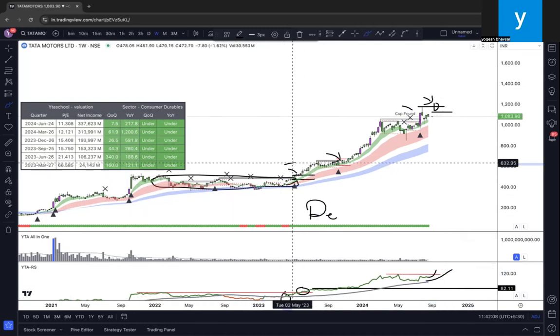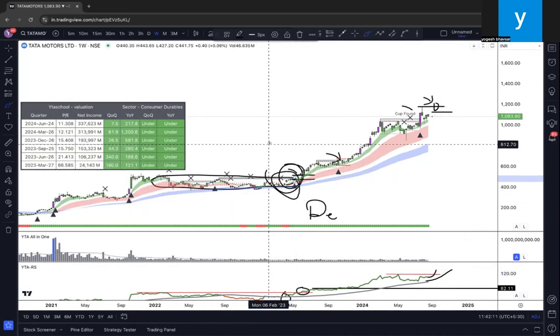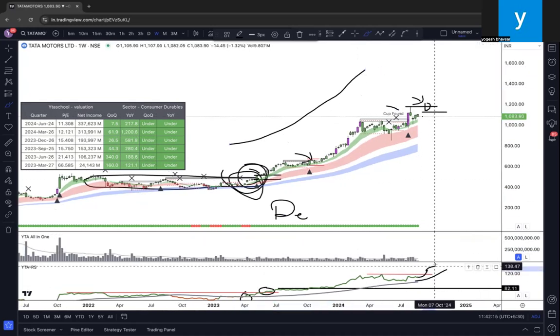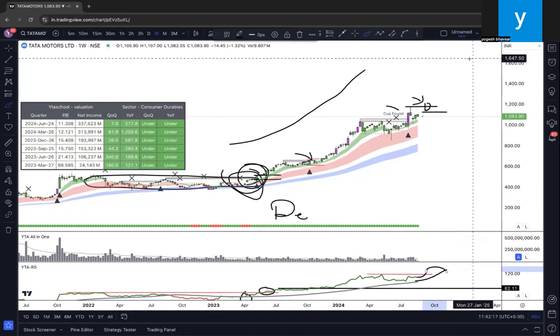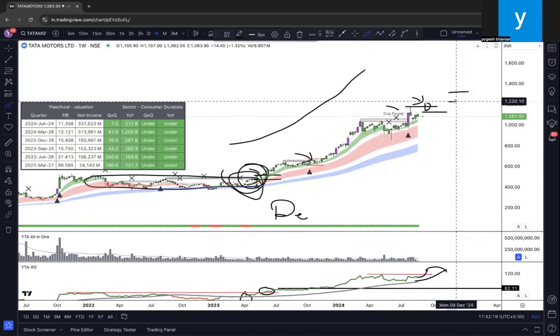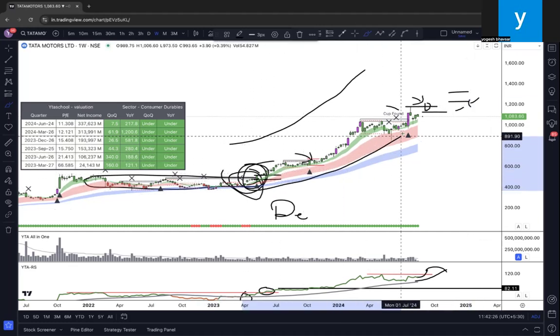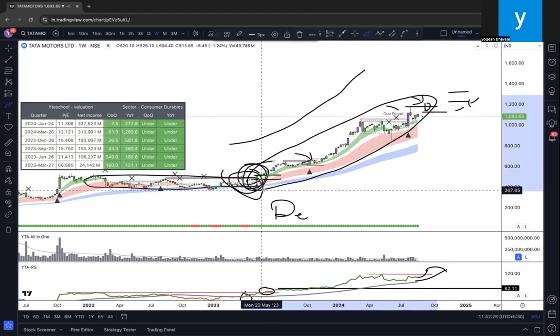We want the first leg which was at the bottom to keep going up with the trend. When will I exit? When this turns red and the latest red dot starts and takes the stop loss, I have nothing left of this stock at all.